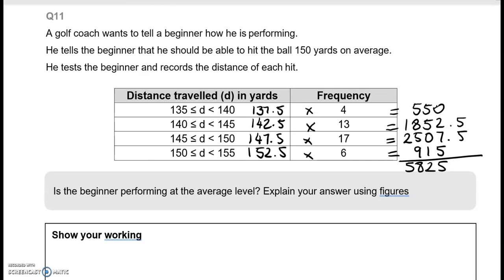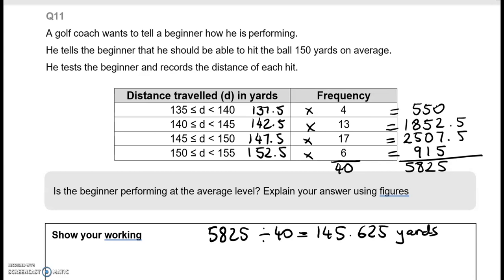All of these together makes 5,825. We'll divide that by the total here, which is 40. So 5,825 divided by 40 equals 145.625 yards.